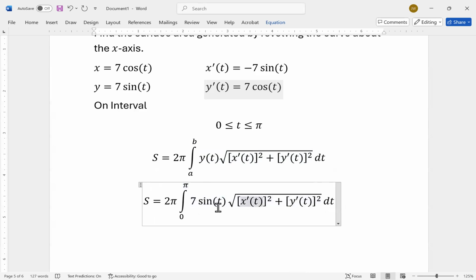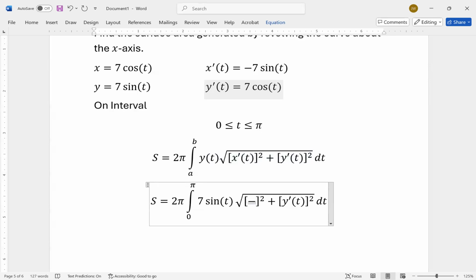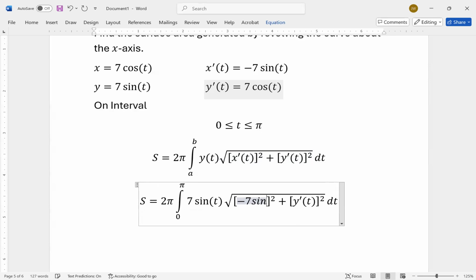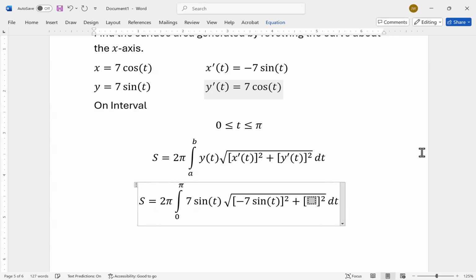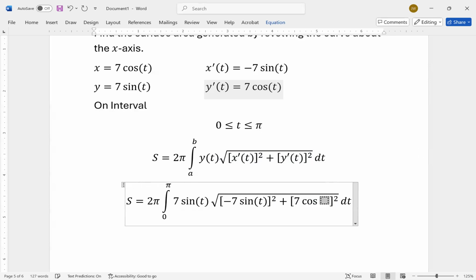We get the square root. Derivative of x, we said, is negative 7 times sine of t. The derivative of y with respect to t is 7 times the cosine of t.